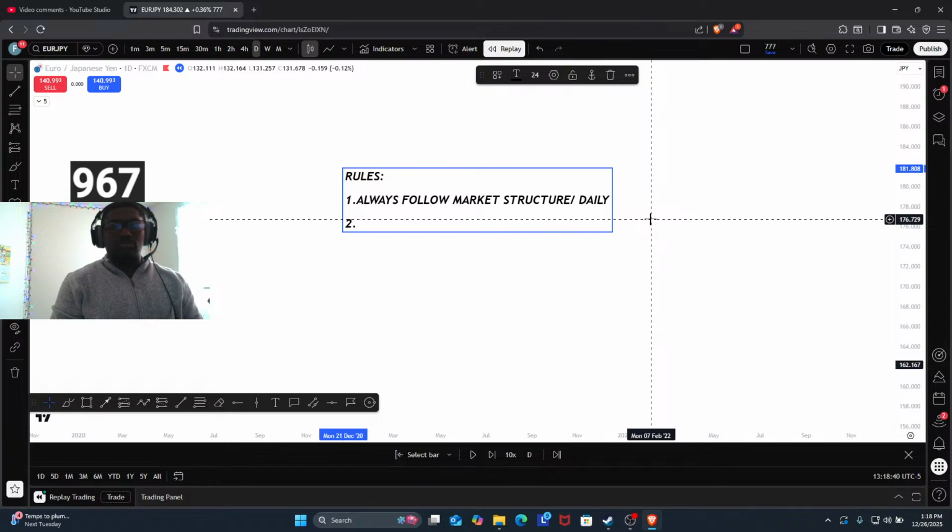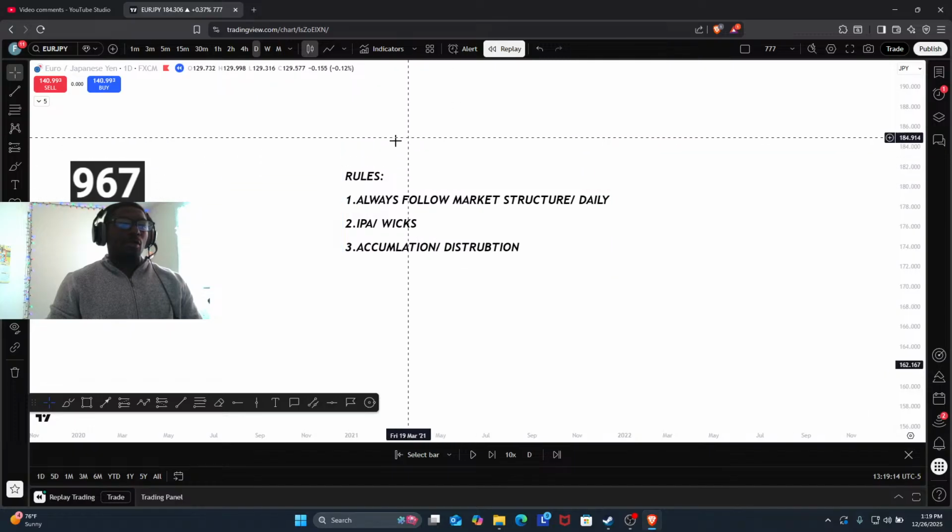Number two, have the market structure. We have to have IPA, imbalances, right? Wicks, IPA, wicks. That always has to be the case. Number three, accumulation or distribution.